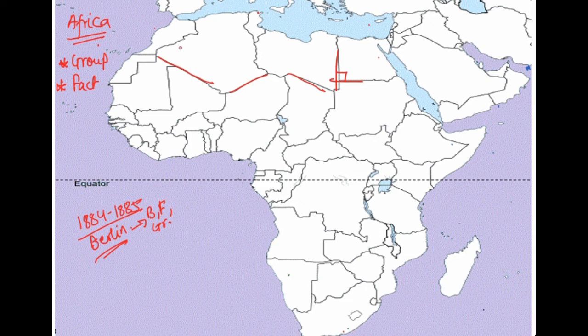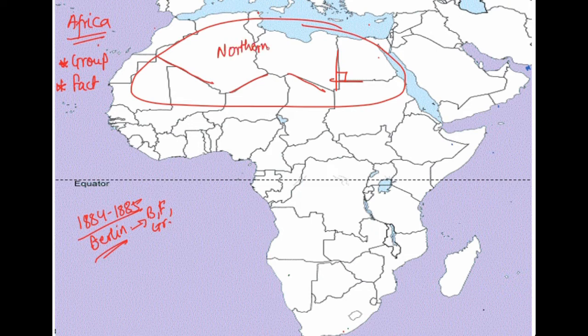So let us start to group our Africa into various regions. This northern part of Africa would be known as Northern Africa. Just south of it here we have Western Africa. Then here we have Northeastern Africa.